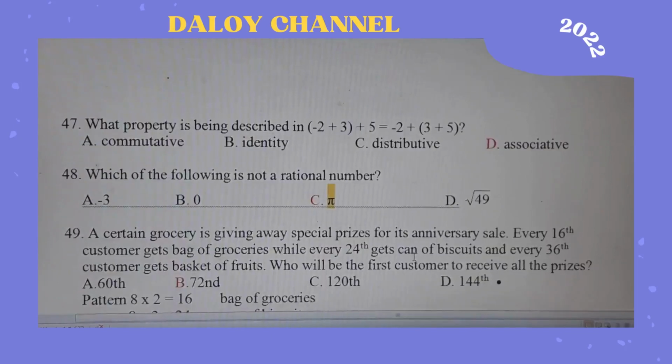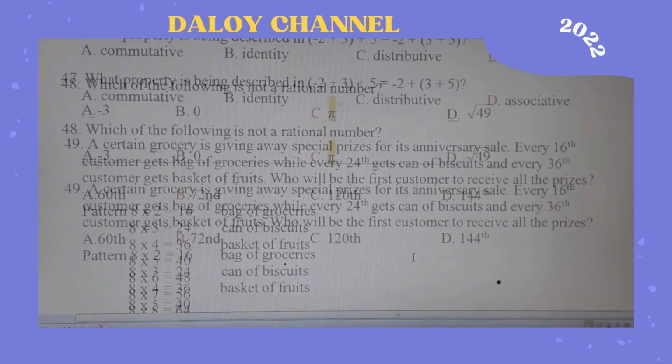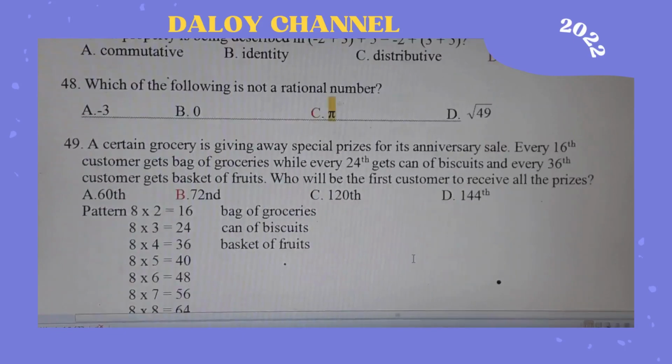Number 48. Which of the following is not a rational number? Number 49. A certain grocery is giving away special prizes for its anniversary sale.